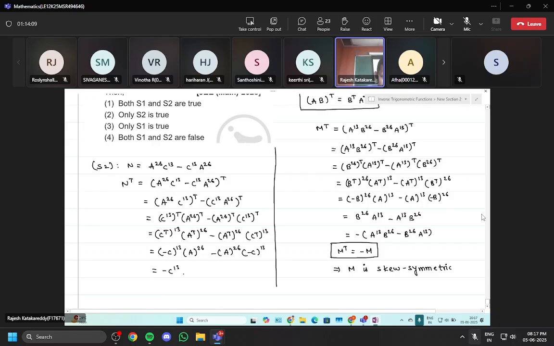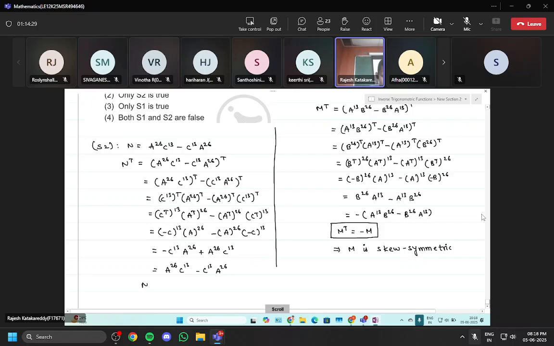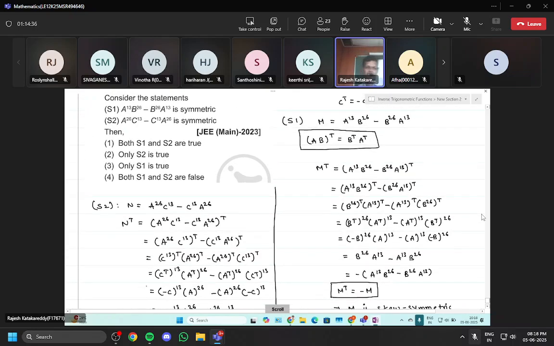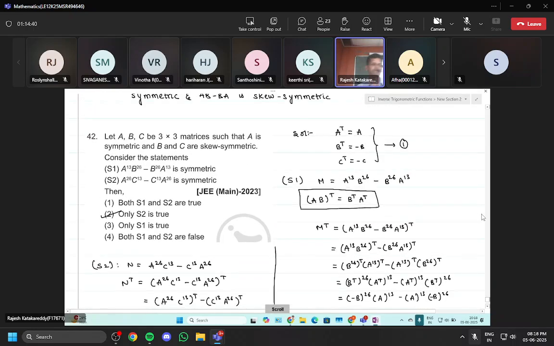Minus C power 13 A power 26 plus A power 26 C power 13. Now this becomes A power 26 C power 13 minus C power 13 A power 26. Here I got N transpose is exactly equal to N. Therefore the given matrix is symmetric. So statement 1 is false but statement 2 is true. Any doubt in this, anybody?